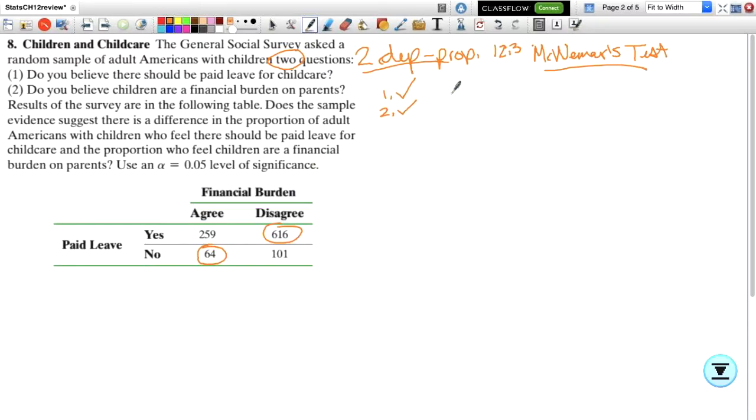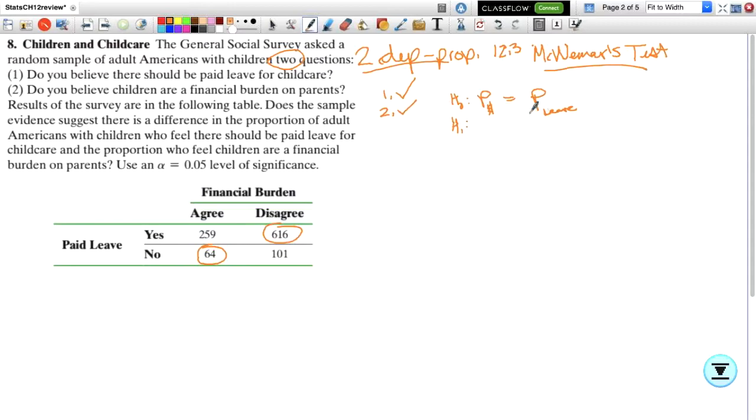After you do that, you're ready to write your null and your alternative. I am going to go through these kind of quickly because it should be just a review. What we're looking at is proportions being equal, always, for our McNemar's test when we're doing 2 dependent proportions, okay? So the proportion of people who think there is a financial burden and the proportion of people who think they should be getting paid leave, we would assume that those are the same.